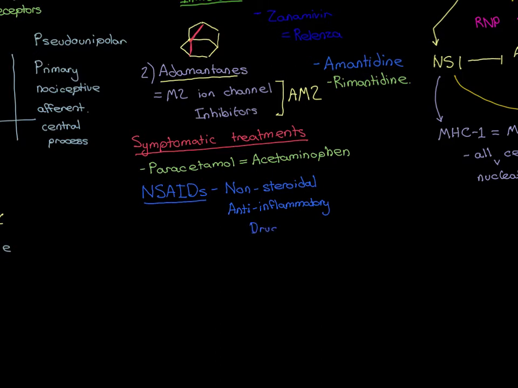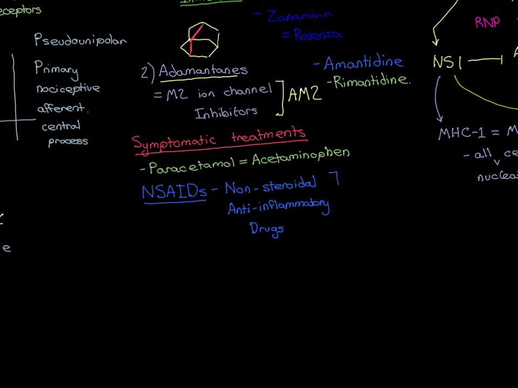These agents are non-steroidal. They are not steroidal in nature. And remember, steroid drugs are all characterized by having that core steroid structure. Much like the adamantanes, it's a similar concept. There is a core steroid structure, and all steroid drugs have that core structure within them. These drugs are not steroidal, but they still do have anti-inflammatory effects.